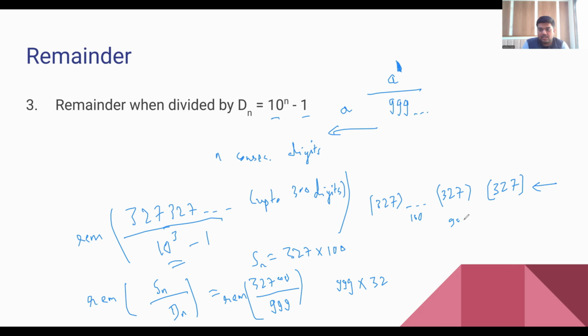So what is it? 2 nines are 18, 8, 1 carried, 3 nines are 27. Sorry, 2 nines are 18, 1 9. Then 2 nines are 18, 1998. And it is added to 29970. So the summation will be equal to 0 plus 8, 8, 9 plus 7, 16, 1 carried.